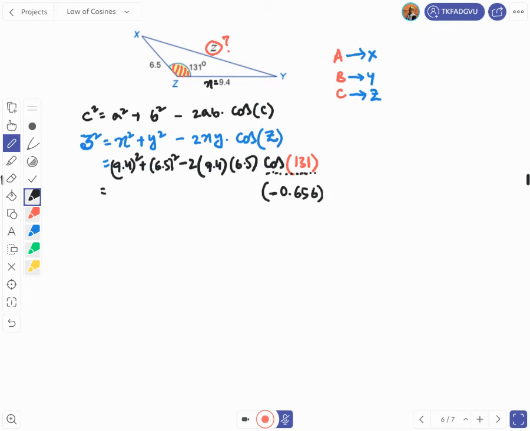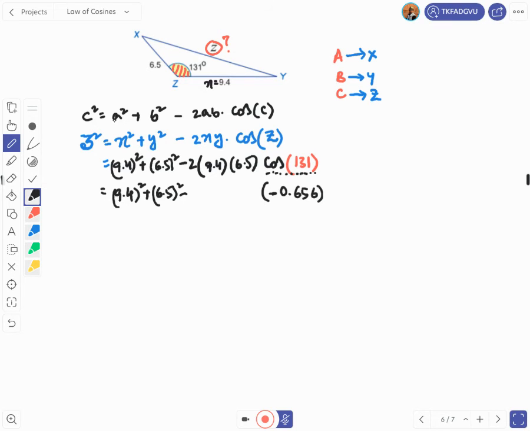So let me make use of my calculator here, which is 9.4 square plus 6.5 square minus 2 times 9.4 times 6.5 times, already we computed the cos value. My bad, I better write a separate line.